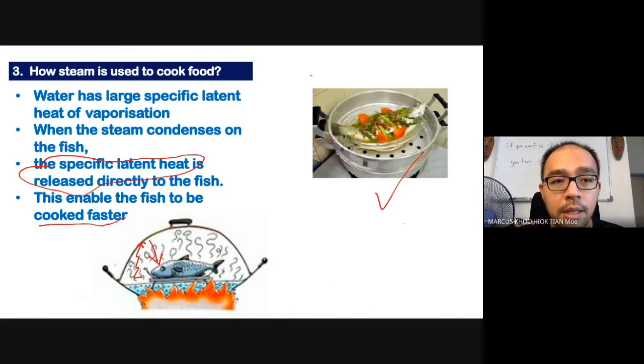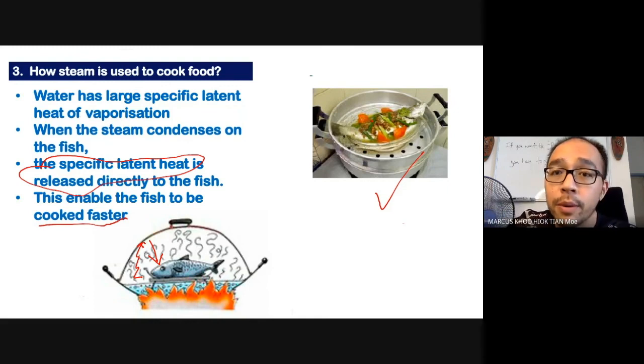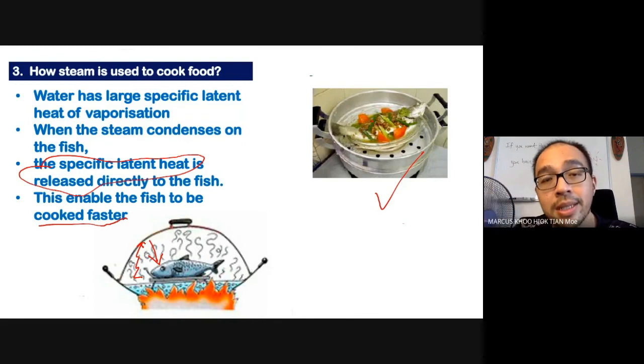So we find that whenever we want to explain steamed fish, or specific latent heat applications, it's important to know whether the heat is being released or being absorbed. We always talk about release to the surroundings or absorb from the surroundings, and then we talk about what effect it has on the surroundings.